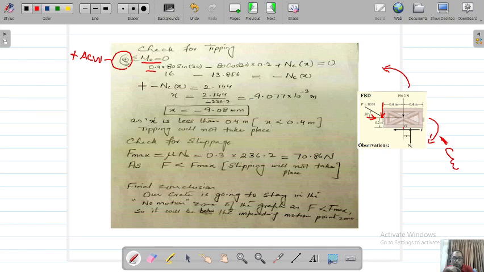So from here you multiply 0.4 into 80 sine 30 minus 0.80 into cos 30, multiply 0.2, and you can take this NC times x towards the other side. So both sides you can cancel, this gets cancelled, and you get the value of x equals to minus.